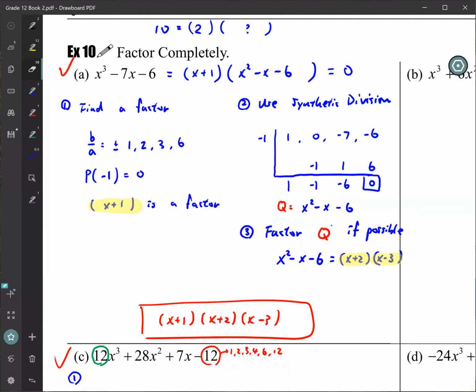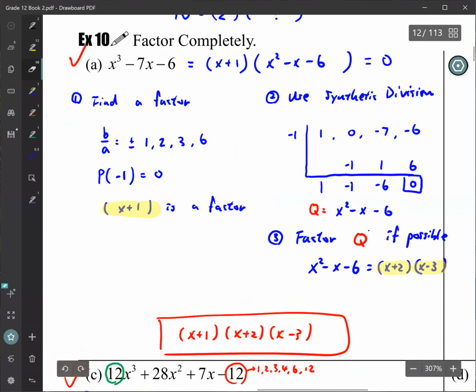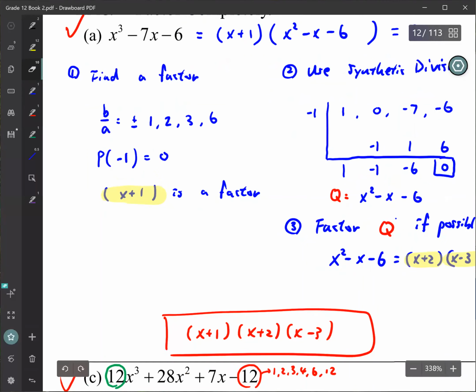So make sure you read the question, because I get this every year. The question says factor completely, but then you give me x equal to -1, x equal to -2, and that's not correct. You still get it wrong. If they say factor, then you leave the answer in brackets.